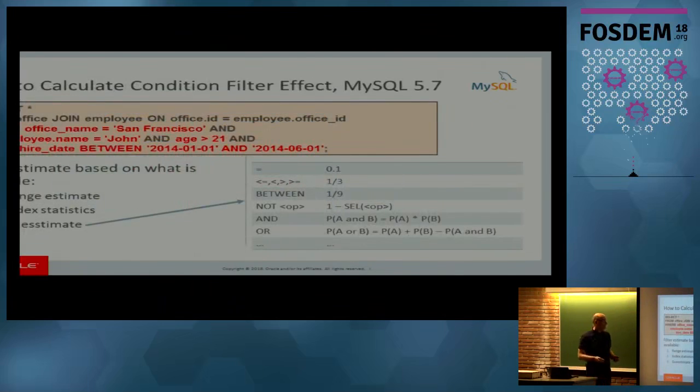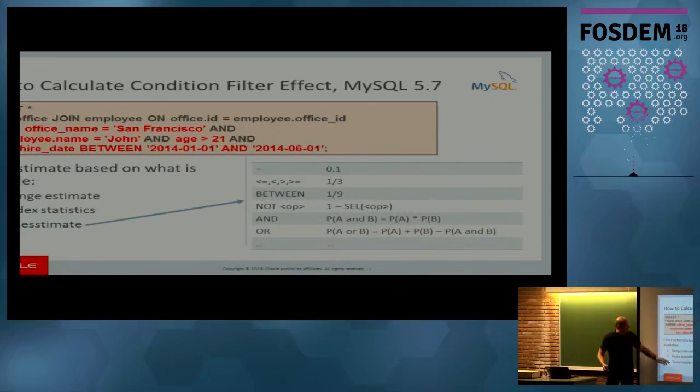And there are, as I've already touched upon, several ways the optimizer gets these estimates. In MySQL 5.7, it could base it on the range estimates that I talked about earlier, the way you do index dives and then compute the distance. There's also index statistics, what you get with the normal ANALYZE TABLE command.